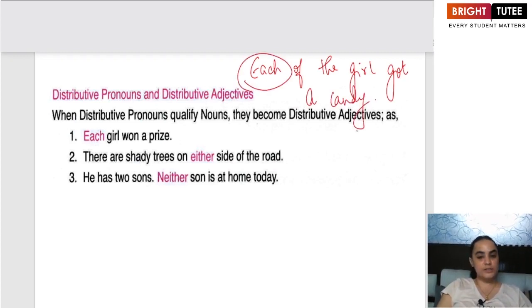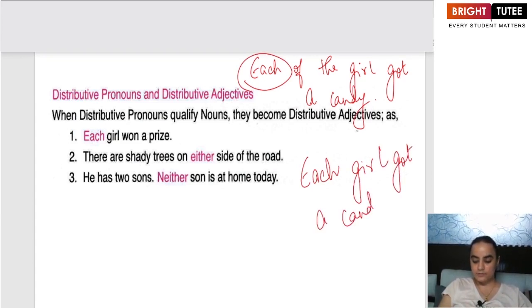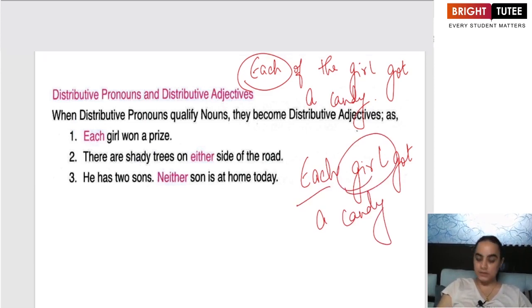Here each is used independent of a noun, so this is a pronoun. If I say each girl got a candy, here each is used with the noun, so this is an adjective.